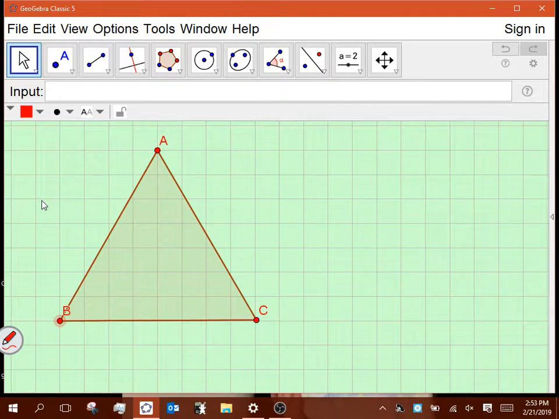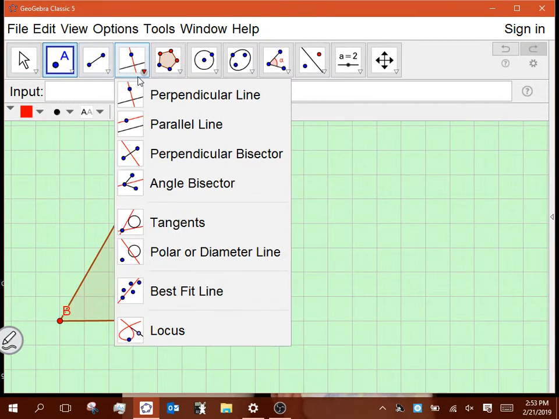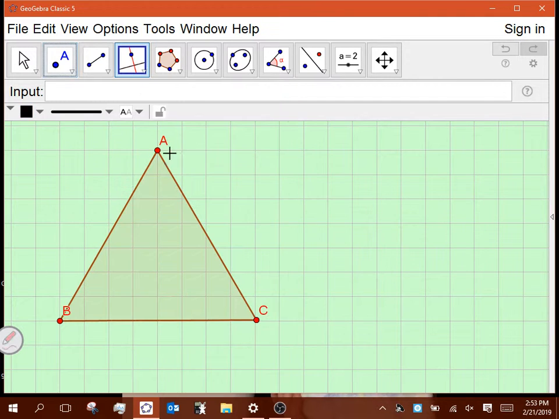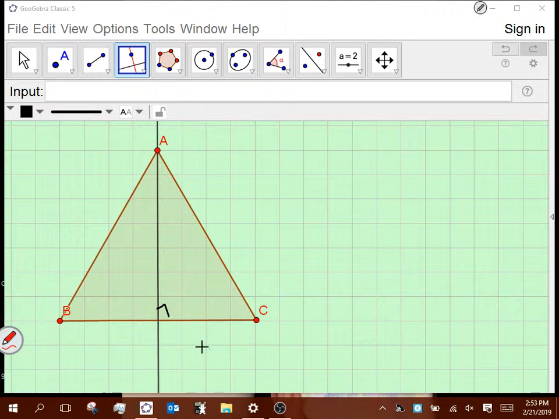All right, that's an equilateral triangle. We have learned in Chapter 4 that from point A to line BC, or segment BC, there is one line that will be perpendicular, right?